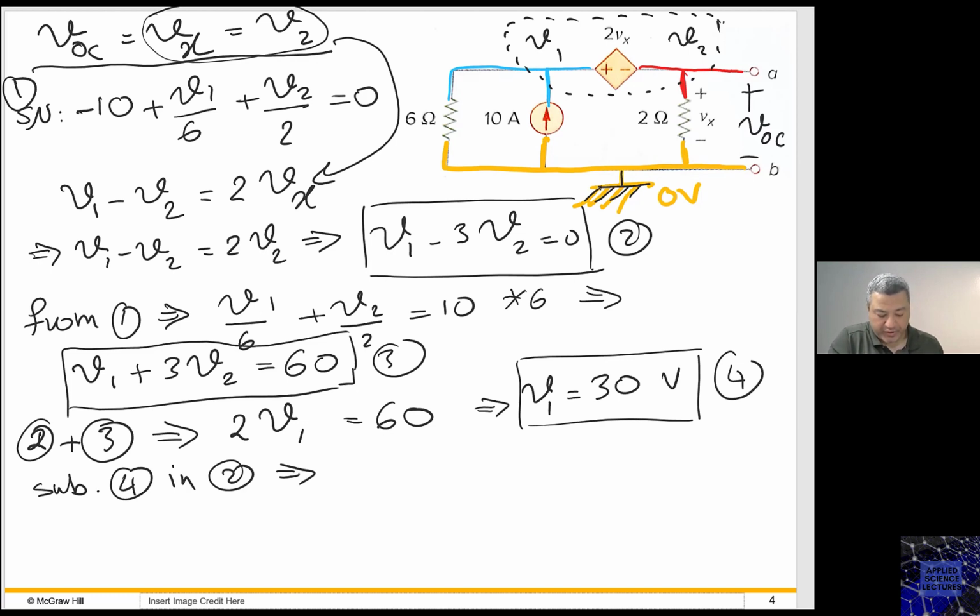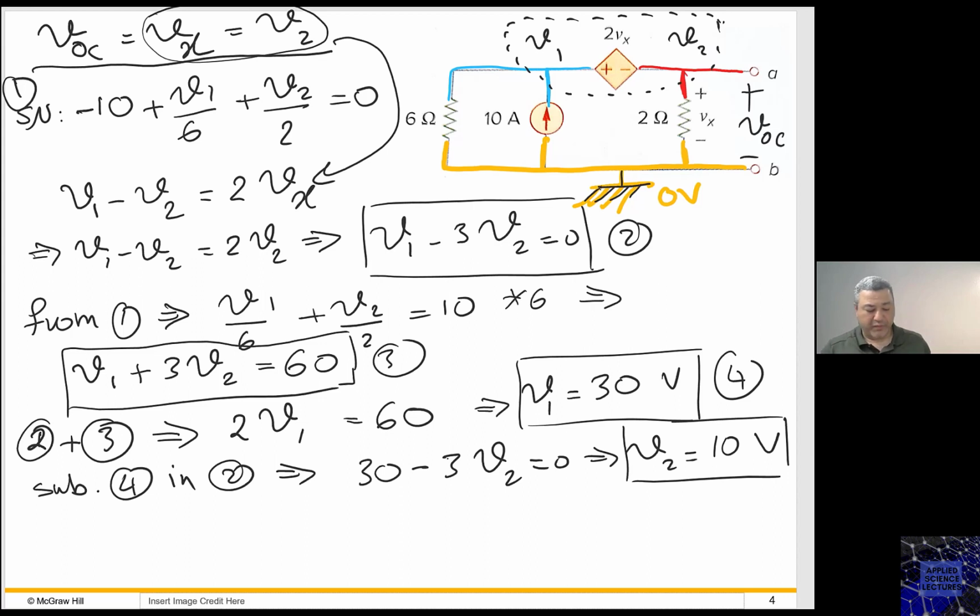You get 30 minus 3V2 equals 0, and V2 is 10 volts. You are right. So V2 is 10 volts. And what's this V2? V2 is VOC, right? So I know now that VOC is 10 volts.